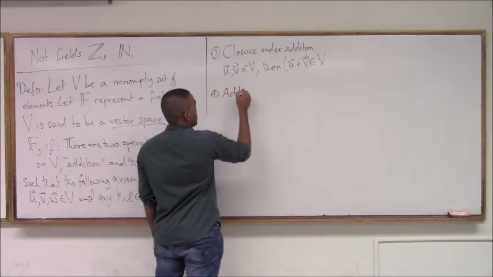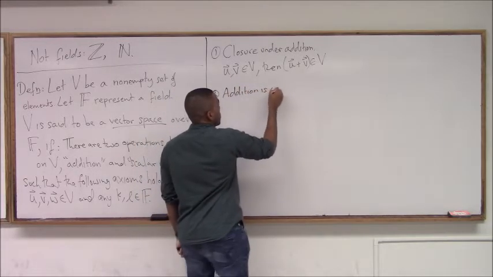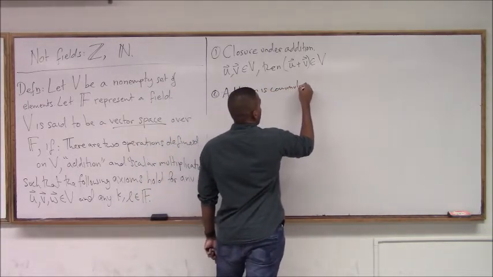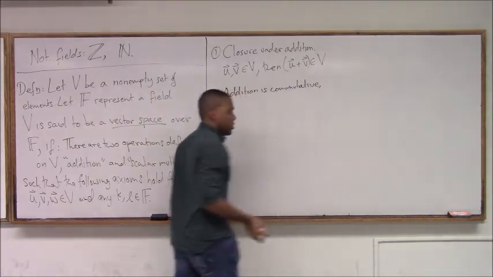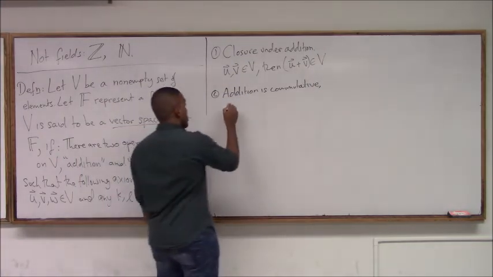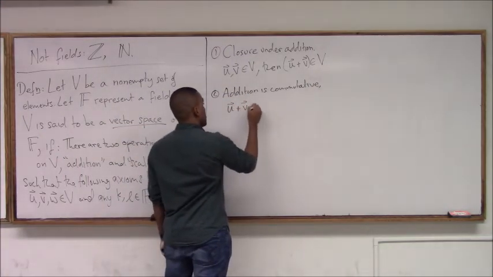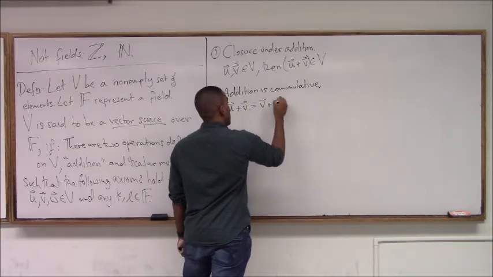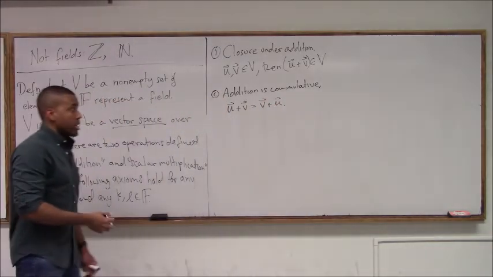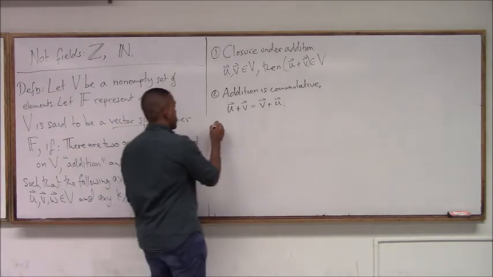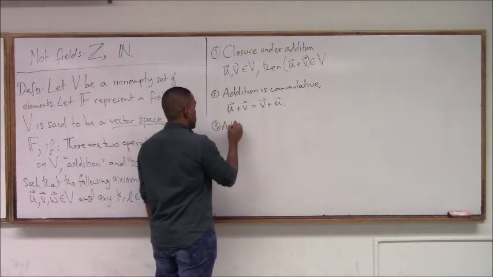The other property is addition is commutative. That's just a fancy way of saying the order does not matter. That means that u plus v is the same as v plus u. It should not make a difference what order you add things in. 3. Addition is associative.